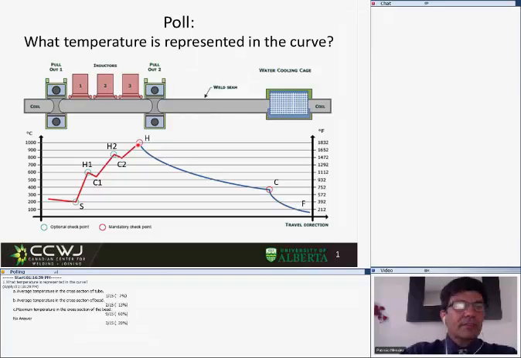Which means sometimes it's a conservative measurement, for example in the quenching cage, and sometimes it's a very non-conservative measurement, and we have to account for the temperature differences between the inner and outer diameter, and we'll talk some more about that. Now, I intentionally chose potential answers that were somewhat similar.